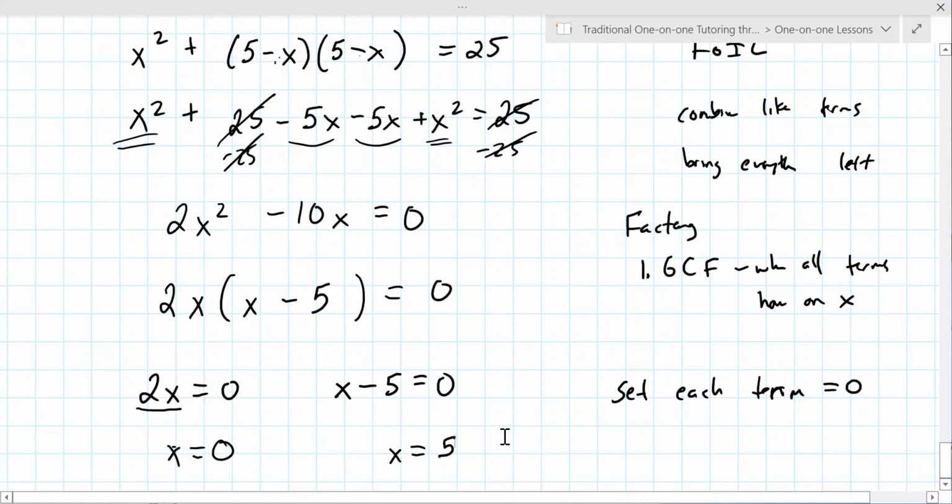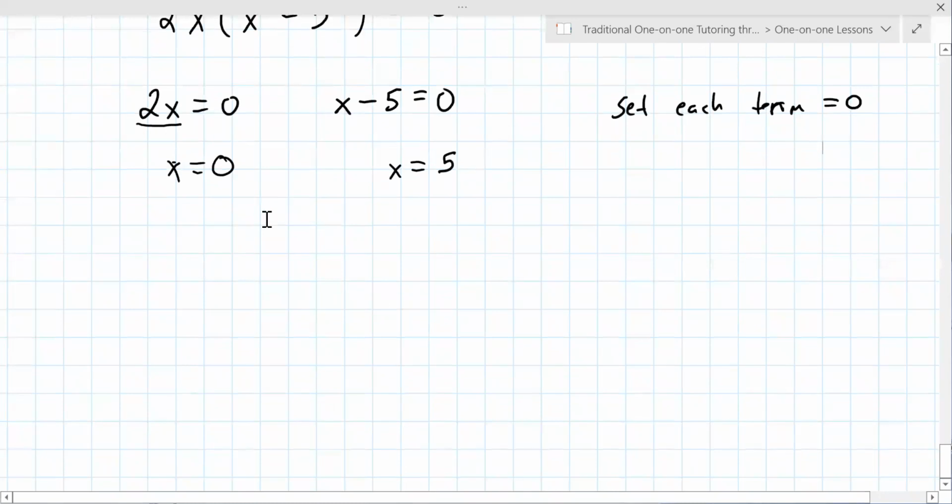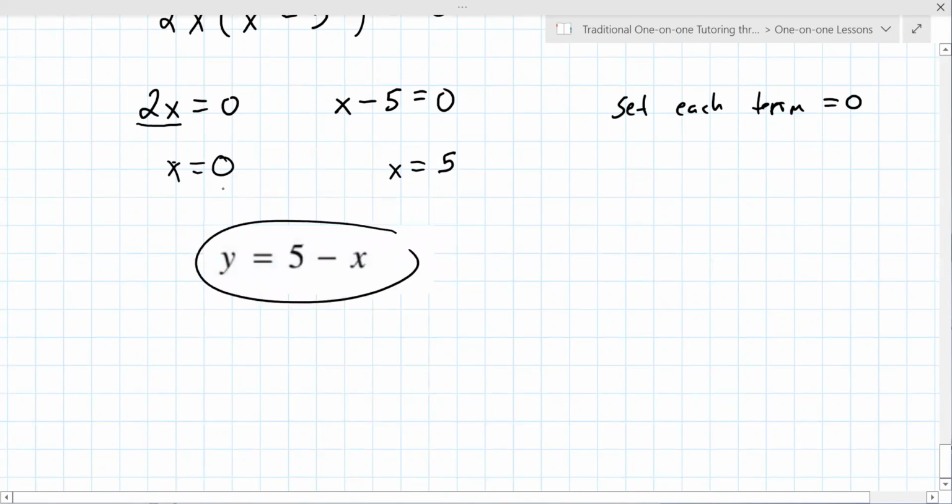But this is only half the answer though, because we need the y values. And that's where you have to go back to the original equation. Since y is already solved for in the second equation, we're going to use that second equation to find y, and you want to do it for each of them. So you're going to use your answers and you're going to get two ordered pairs.